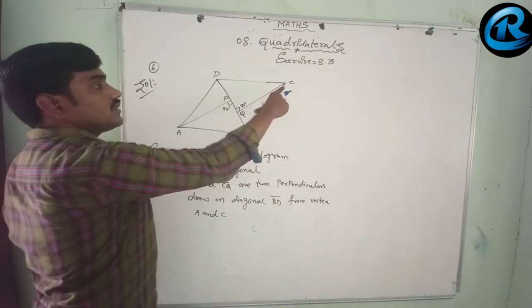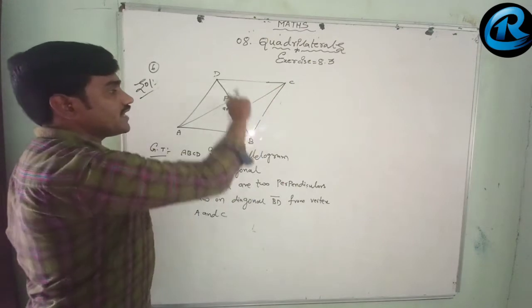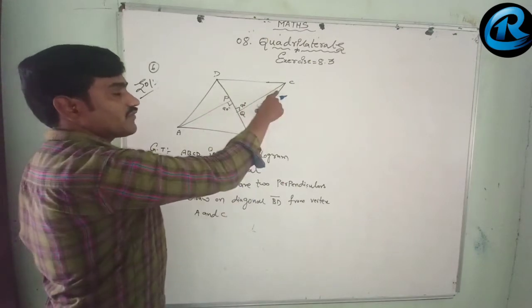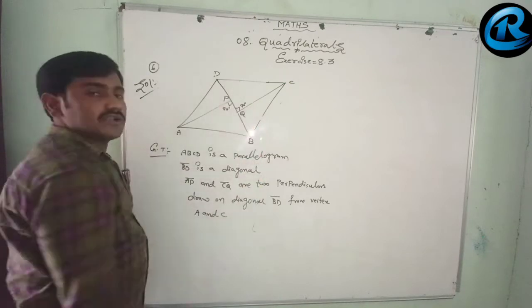Okay, AP and CQ are perpendiculars drawn on the diagonal BD.